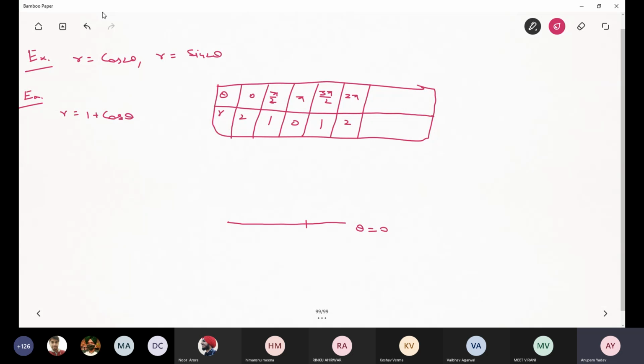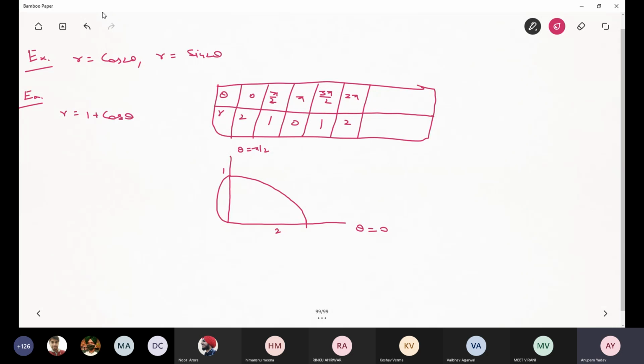It is starting from here, and at theta equal to pi by 2, this line is theta equal to pi by 2, it is moving like this, and this length is 1. When theta equals pi, it is decreasing from 1 to 0. So it will go like this.